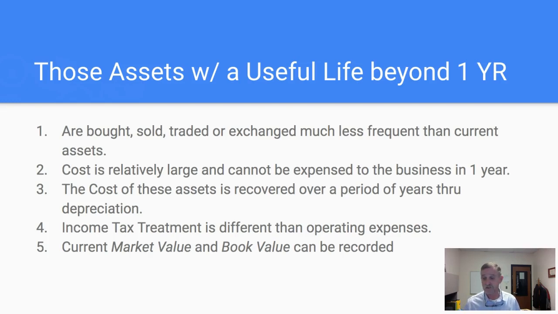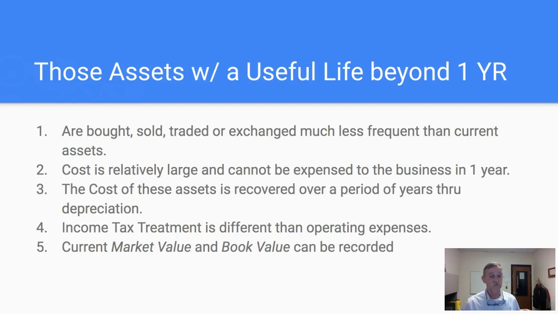They last longer. We might have a tractor that lasts 10 years, so that we wouldn't want to expense the total purchase of the tractor for management reasons over 1 year. We would want to expense it over the lifetime of that particular asset.